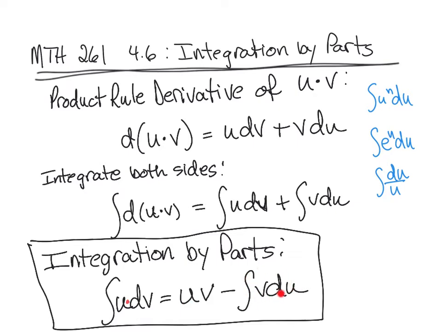And when we get this last integral that has to be done, this is going to be simplified compared to what we started with. And it's very cool how it works. So every night as you lay your head on the pillow, I want you to say to yourself, uv minus the integral of v du, uv minus the integral of v du, uv minus the integral of v du. Got it?